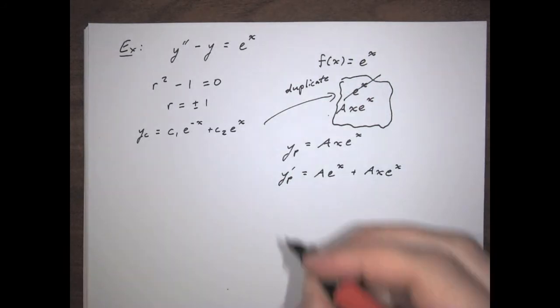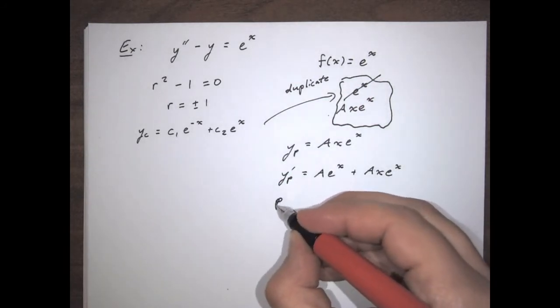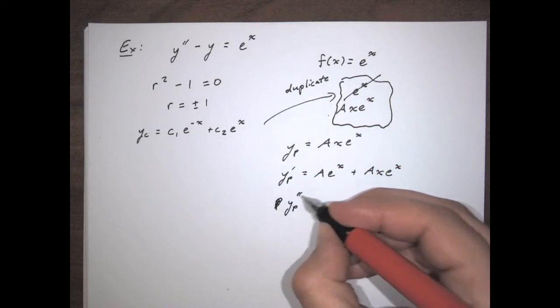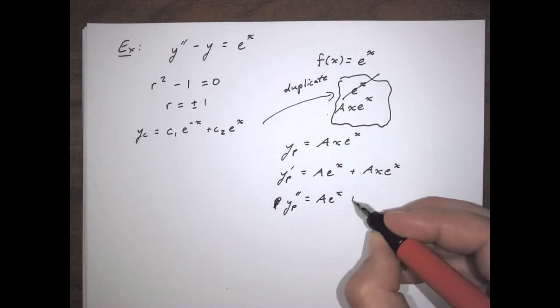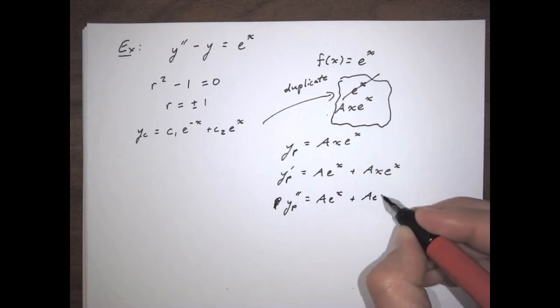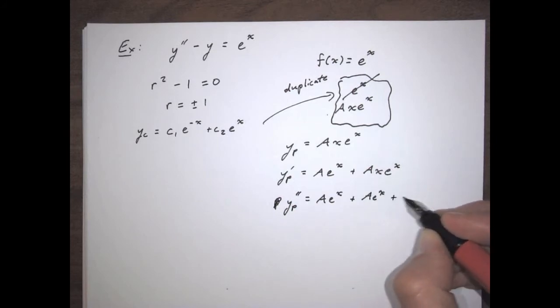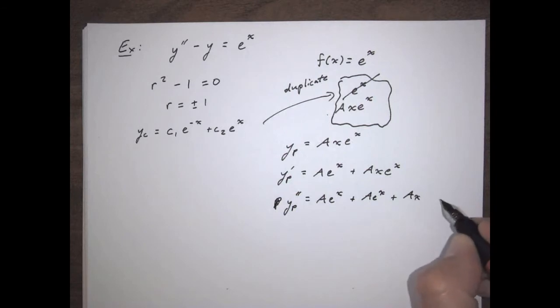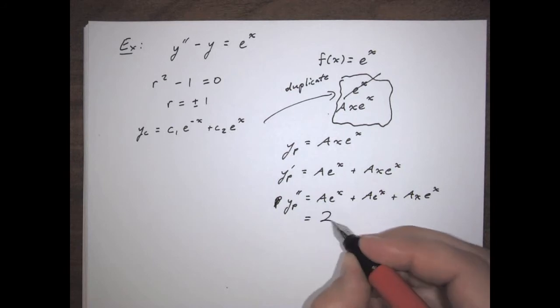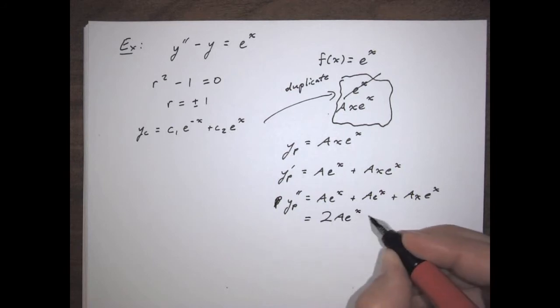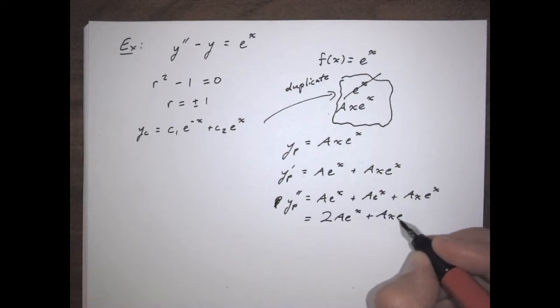So that'll be the first derivative, and then the second derivative will be the derivative of that, so that's going to be a e to the x plus a e to the x plus a x e to the x, which will be 2a e to the x plus a x e to the x.